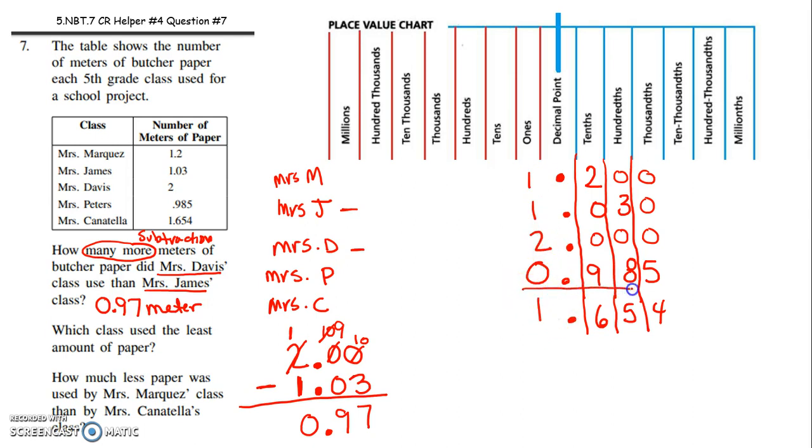So that one was pretty easy, I think. Yours might not be that straightforward. And then if, let's say, the ones place is matched, then you'd move to the tenths, the hundredths, the thousandths to see which is the smallest number. But I got off easy because already I can tell 0 point something is smaller than 2 or 1 point something. So which class is that? Mrs. Peters.